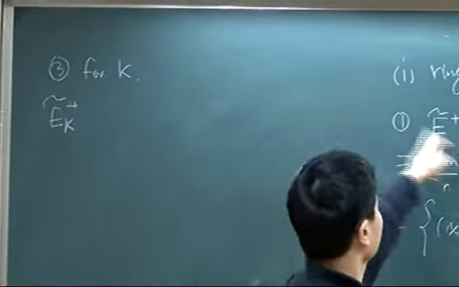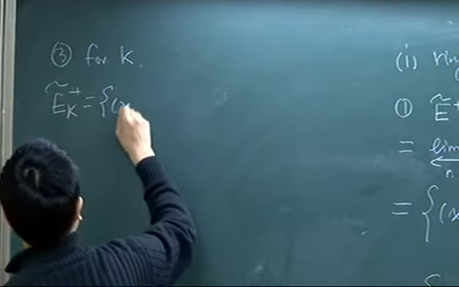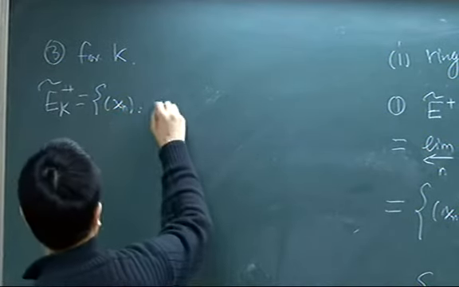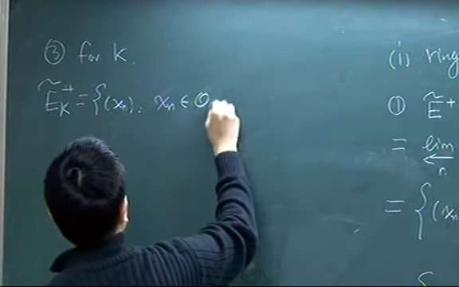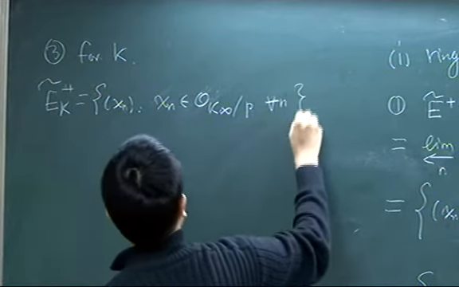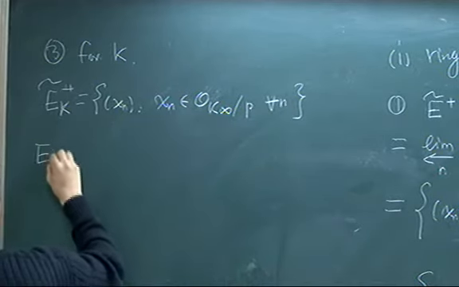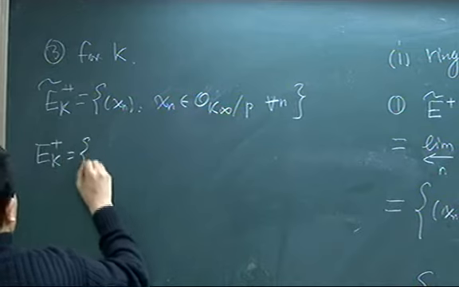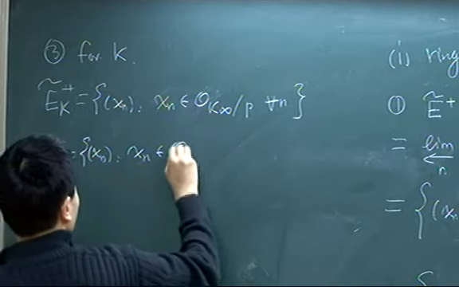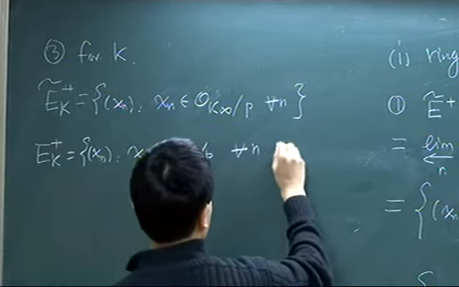Here this is E, and then subscript K. So you have x_n contained in O_{K_infinity} over p for any n. And then you have x_n contained in O_{K_n} over p for n sufficiently large.